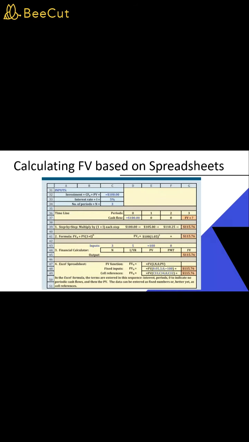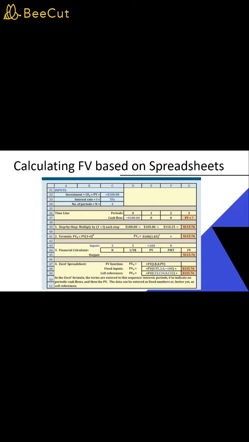If you would like to calculate the future value in a spreadsheet in Excel, that can also be done. The way you do it in Excel is you press equal, and you just put in FV for future value. And then in brackets, you first put in the interest rate, which is 0.05.